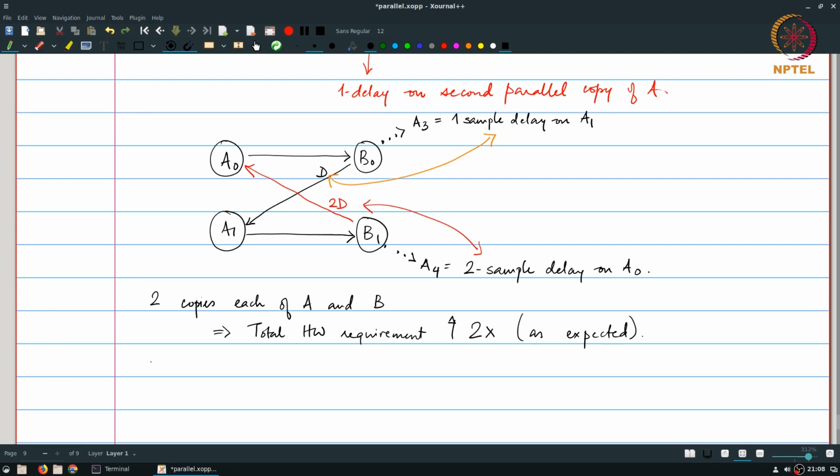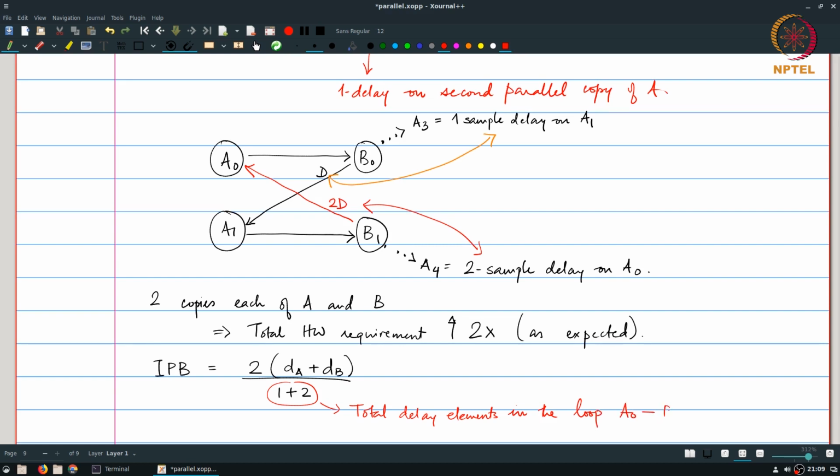But what's the result? The resulting iteration period bound that I have over here is 2 times the delay on the loop, that is to say dA plus dB, divided by 1 plus 2, the total number of delay elements in the loop, A0, B0, A1, B1, A0, right?